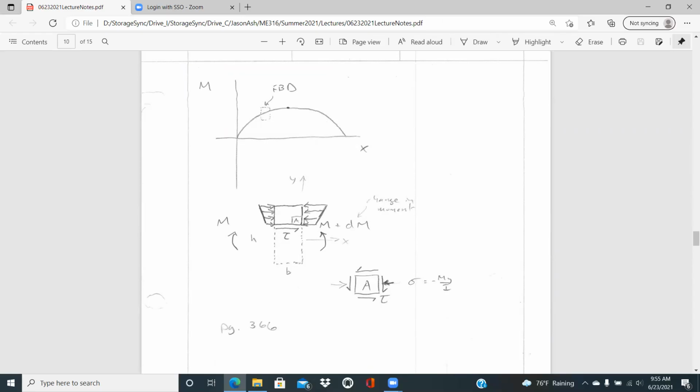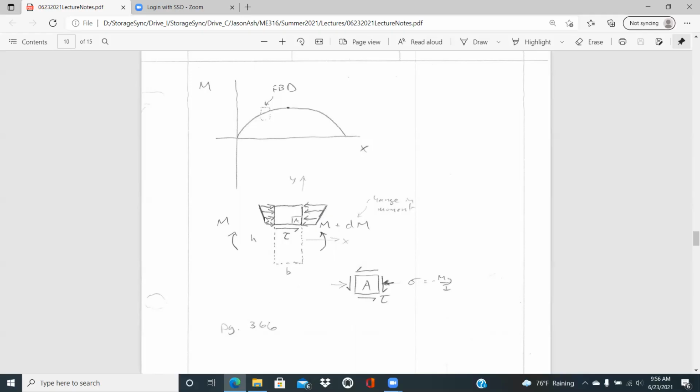And so if we were to look at, say, the top portion of that, the moment is increasing as we're going up. So if we were to look at that, we would have a moment on the left side and then a moment plus dM on the right-hand side, I'd say, opposite in magnitude and slightly greater in magnitude going in the opposite direction.